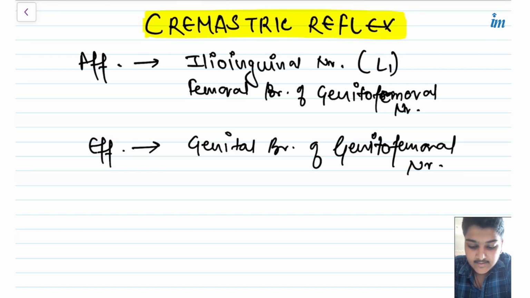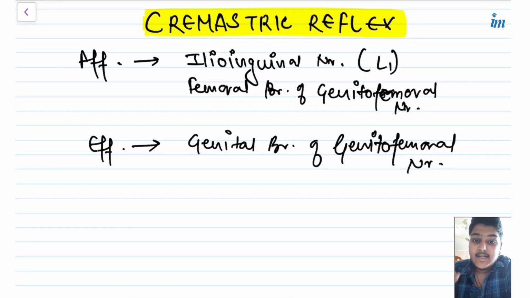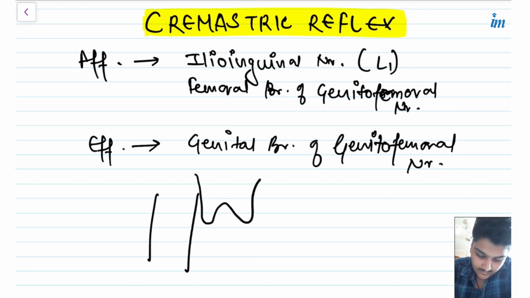Now what happens in this cremasteric reflex? When the inner part of your thigh is stroked, suppose this is my right thigh and here are my testicles in the scrotum, then the afferents are carried by ilioinguinal and femoral branch of genitofemoral nerve, and the efferents are carried by the genital branch of genitofemoral nerve, and as a result the ipsilateral testicle, ipsilateral means on the same side, is uplifted.